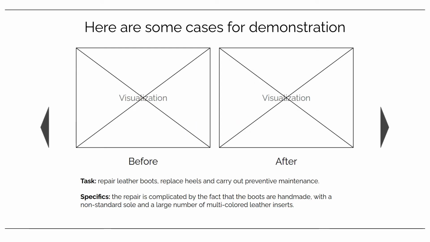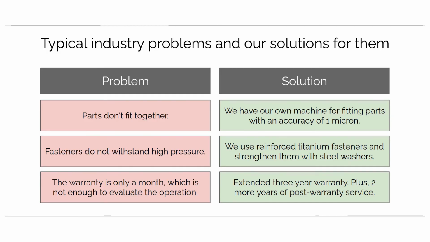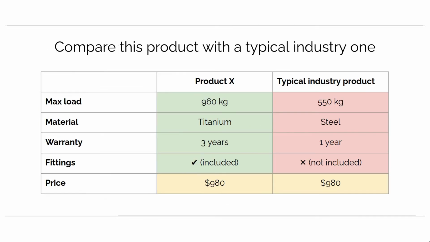Cases can also be attributed to the contrast, especially when accompanied by visual images, or a block with problem-solution pairs. Finally, a visual comparison of features or specs in the table also allows us to get the desired effect. We have already talked about features and specs in the third lesson of this course.